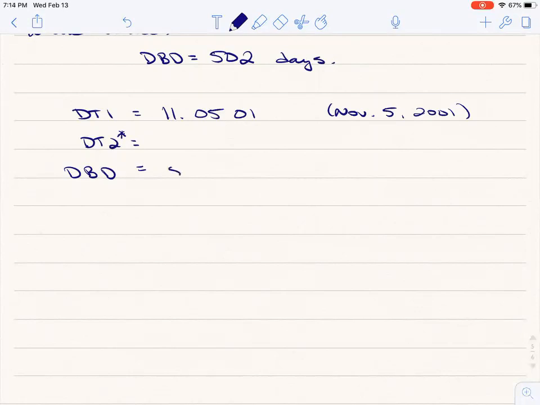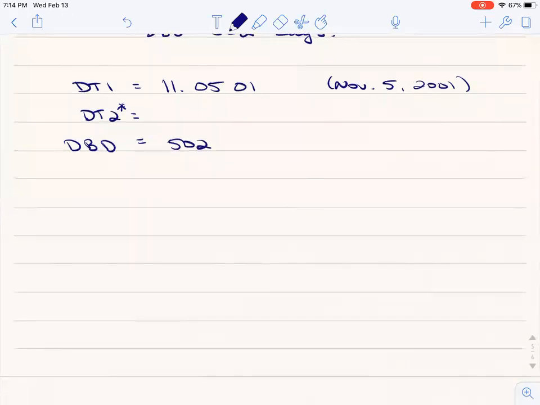And then the days between dates, I'm going to force it to be 502. So date function, 11/05/01, enter. 502 for my days between dates, enter, and then scroll up to date 2 and compute. Looks like March 22nd, 2003.